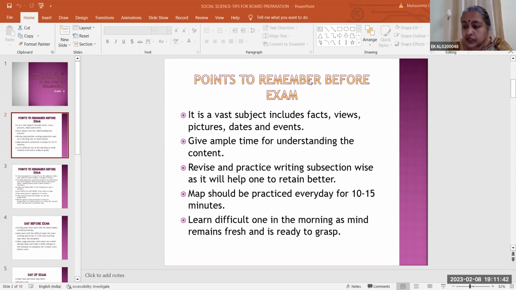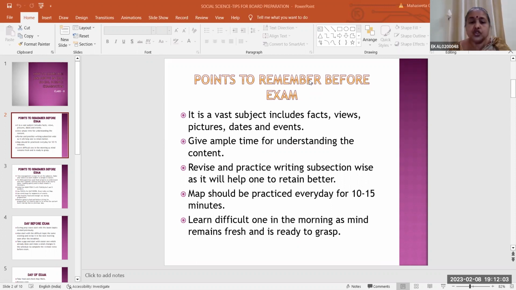If you come back to economics, there are 4 lessons, but in economics there is only one 2-marker, two 3-markers, and one 5-marker, and 1-marker objective questions will be 7. So generally we find that in economics there are more MCQ questions.